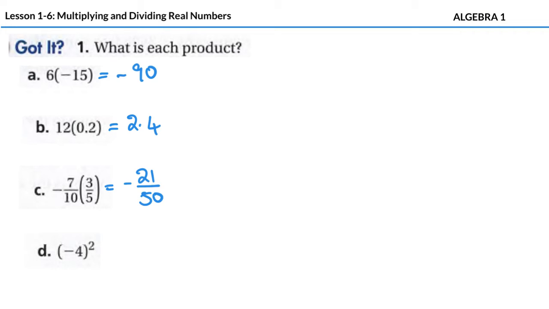Remember, you need to multiply the numerators, and then you multiply the denominators. Negative 4 the whole square. What's the answer? Negative 4 times negative 4, that is going to be positive 16. Great. Did you get all these? Lovely. Now let's move on.